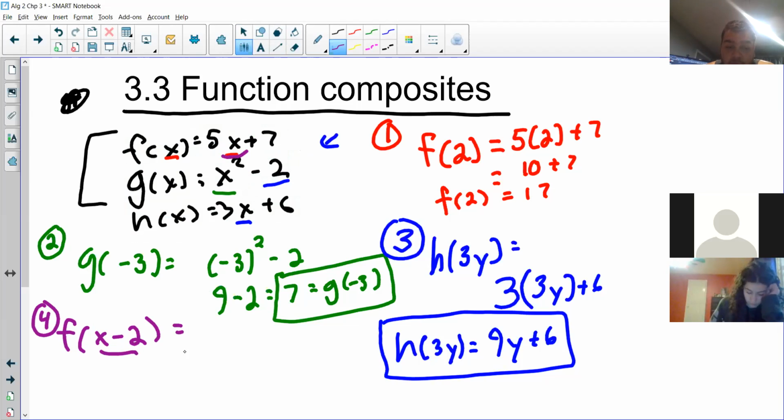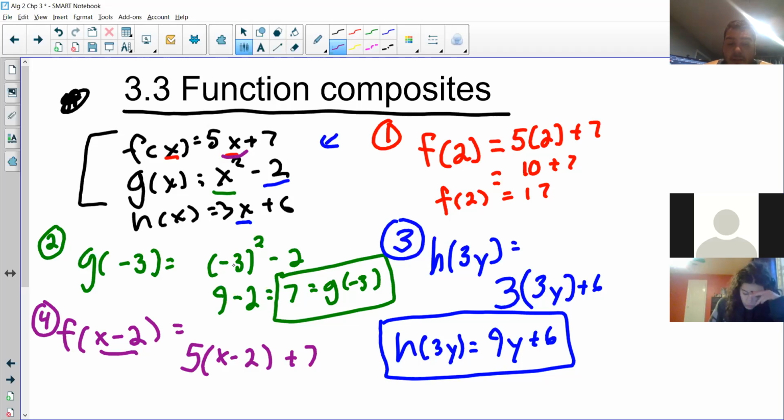So 5 times this whole thing getting plugged in, x minus 2, plus 7. Instead of replacing just a number, I'm replacing the x with a full expression.